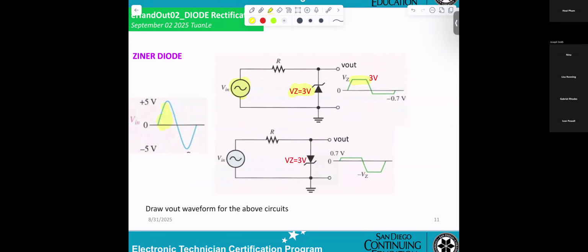For positive 5 volts, higher than 3 volts, they break down. So VZ is 3 volts. And for the negative side, zero, not breakdown. That means you get a negative on this side, 0 on the other side. Zener works normal.